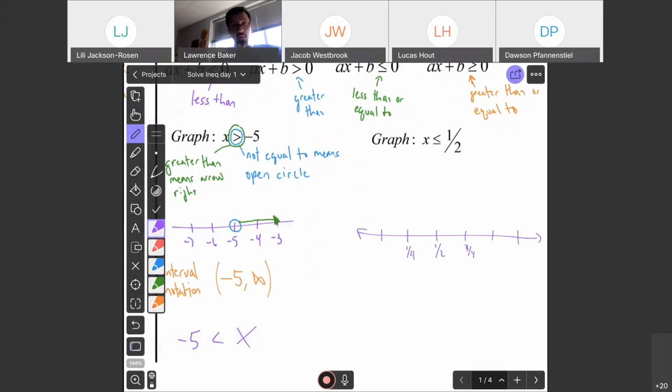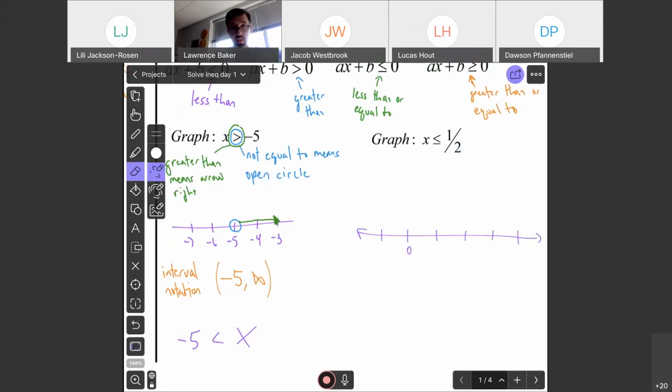If I call that 1/2, and then I have 1/4, and then that would be 0, and that would be 1, why did I pick counting by 1/4? There's nothing telling me to do that. I very well could have called that 1/2, and then that could be 0, and that could be 1. But there's nothing telling me to do that. So we do not put fractions on our tick marks. You only put integers on your tick marks.